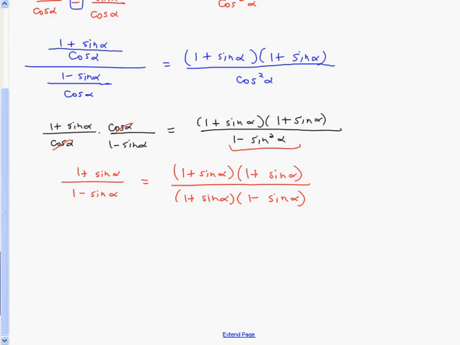And notice that's good for us because these guys cancel. And I'm left with 1 plus sine of alpha on the left-hand side over 1 minus sine of alpha. And on the right hand, 1 plus sine of alpha over 1 minus sine of alpha. So there we were, working two sides, still coming to an agreement at the end.